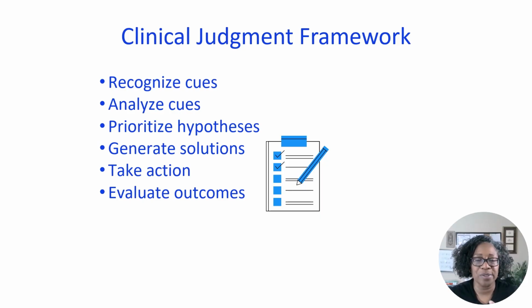The first is recognize cues, analyze cues, prioritize hypotheses, generate solutions, take action, and evaluate those outcomes. If you remember and follow this process, you'll stop guessing a lot of the time and you'll start really thinking like the NCLEX. Okay, let's begin.